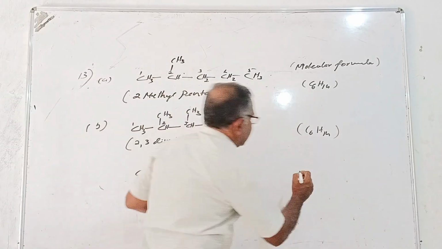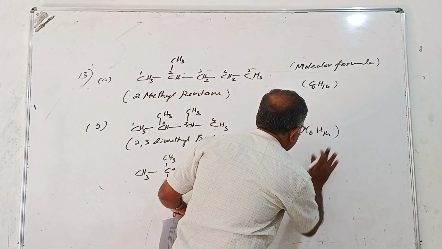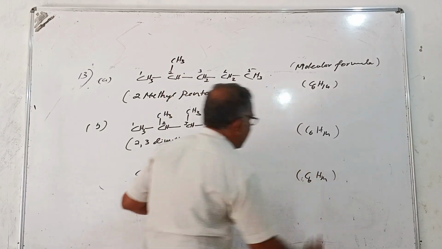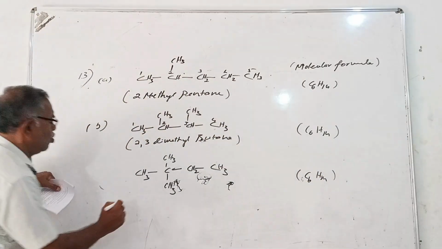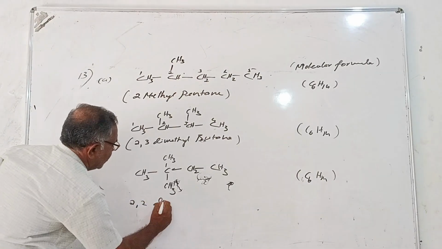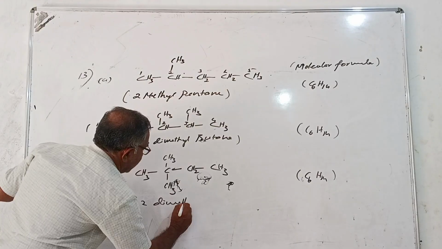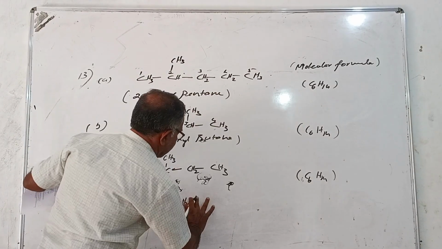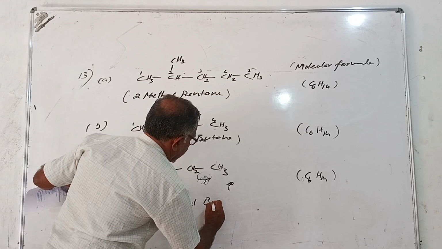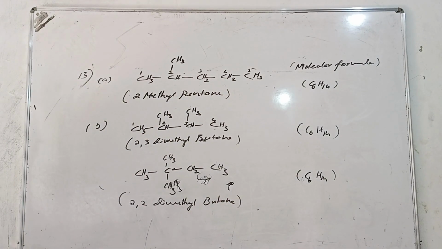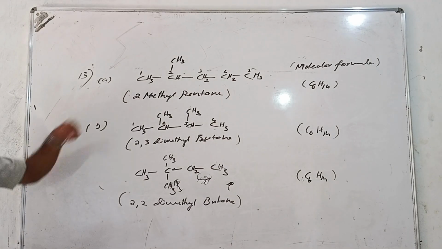Okay, C6H14 is the molecular formula, and the name of this compound is 2,2-dimethyl butane. So these are the two chain isomers of 2-methyl pentane.